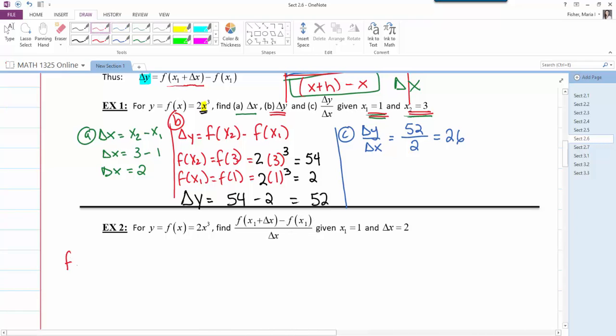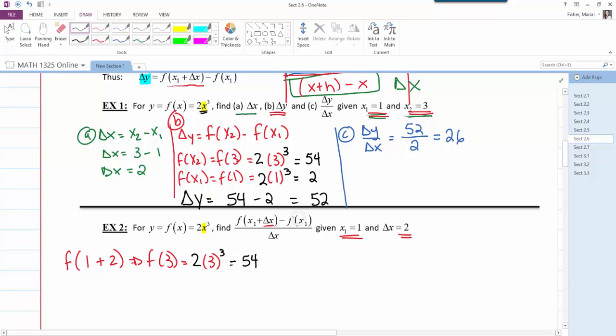So f of, well, x sub 1 is given as 1 plus, and delta x is given as 2. Well, that's the same as f of 3. And f of 3 says, hey, everywhere there's an x in your function, instead of writing that x, write a 3. So we get 2 times 3 cubed. And we already figured it out, because this is really the same problem as above, that equals 54.